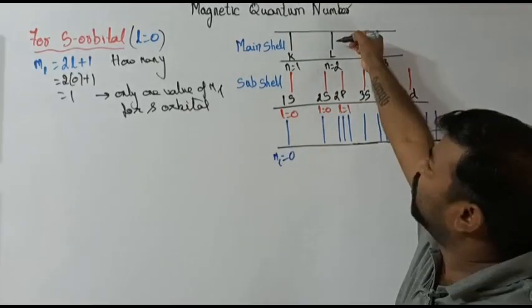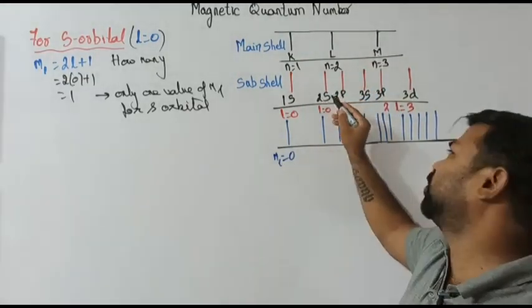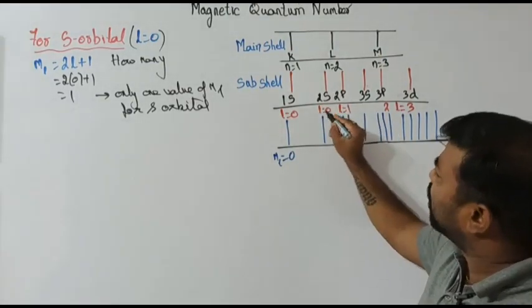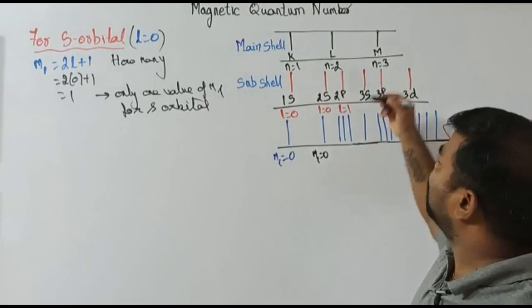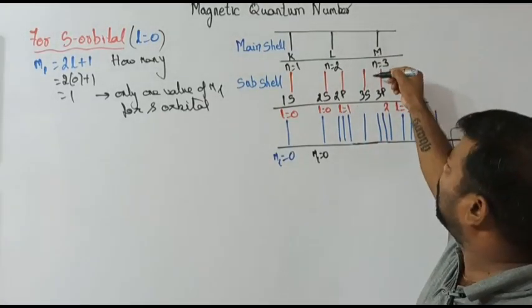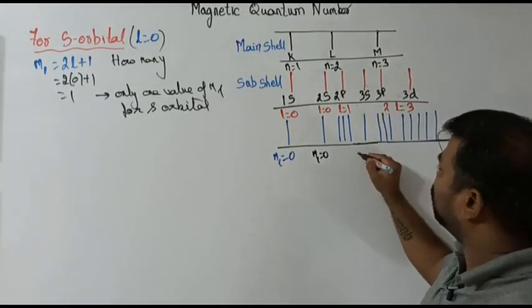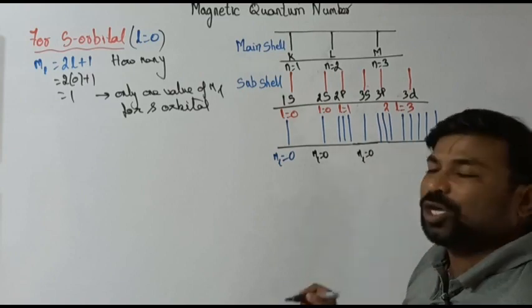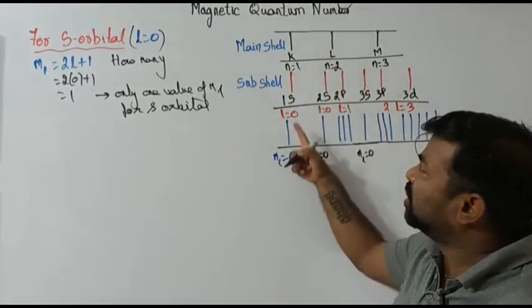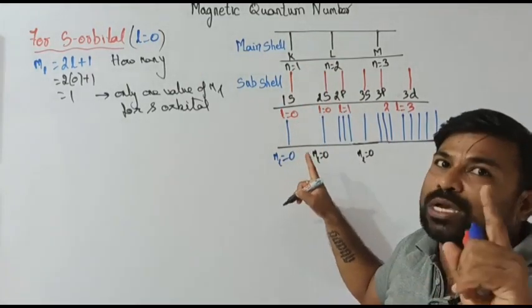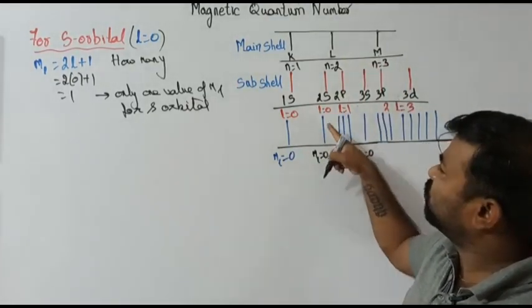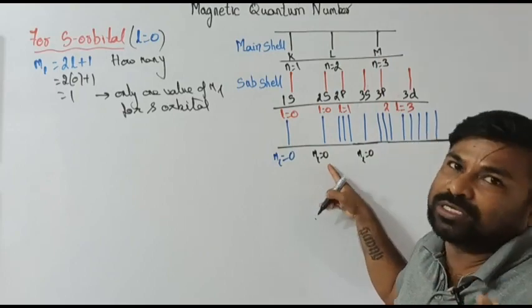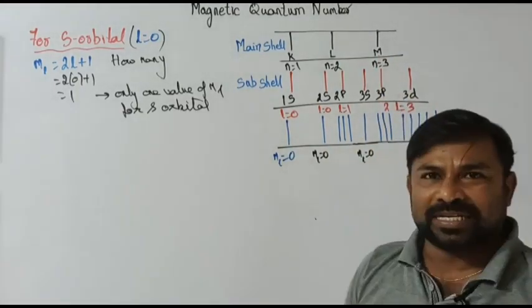In the same way, for the L orbit we have the S orbital, which we call 2s, and its ML value is 0. For the M orbit we have 3s, and for that also ML value is 0. So in every orbit we have only one ML value, that is 0.